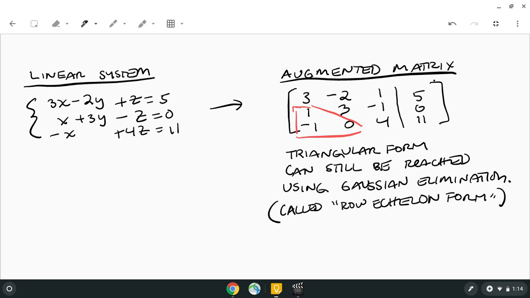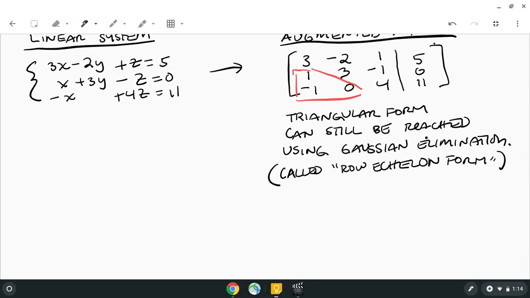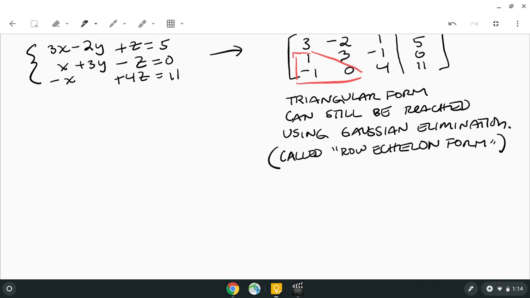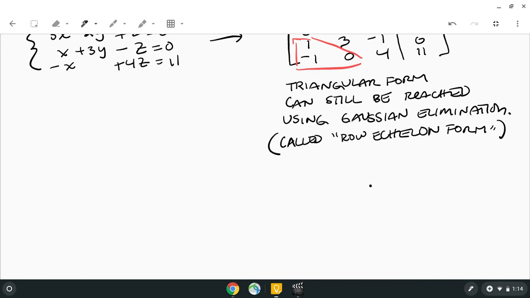If you did the Gaussian elimination method in the last section, you can see that it's a little time consuming, and I think whenever you're solving a larger system than x and y, it's time consuming.